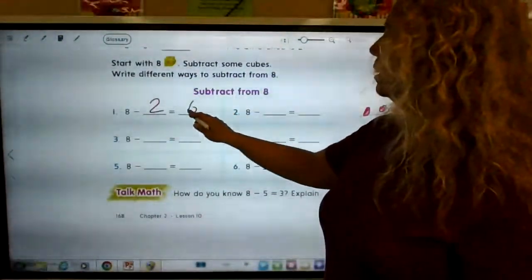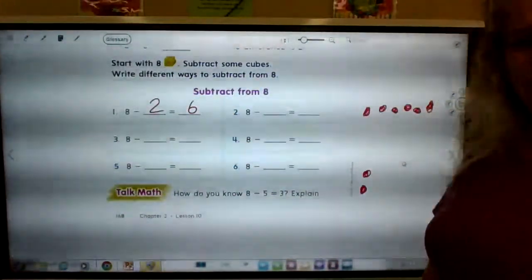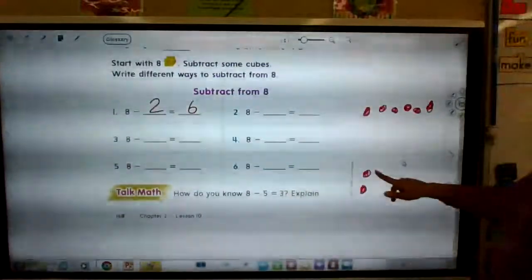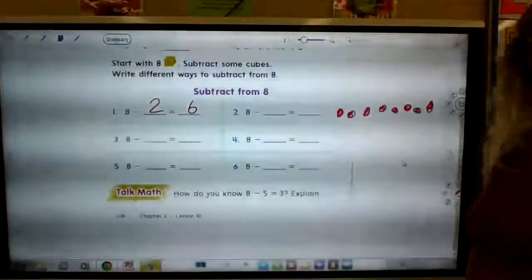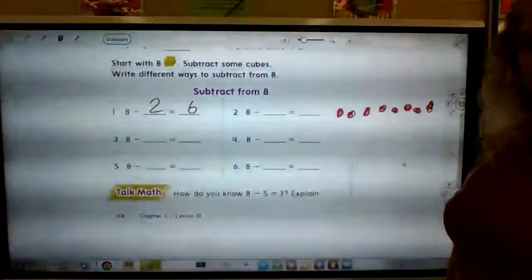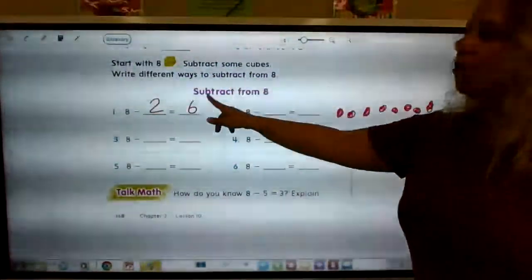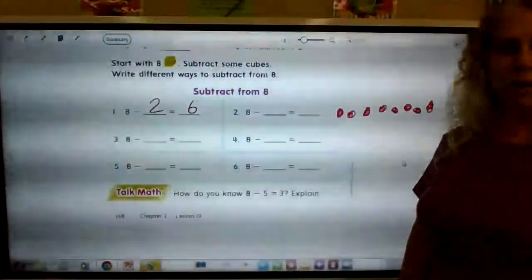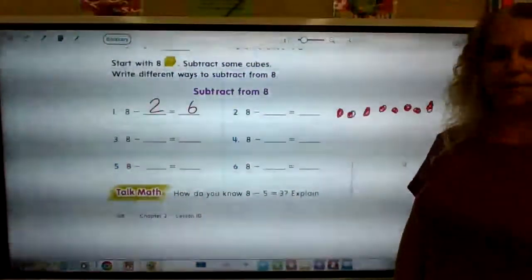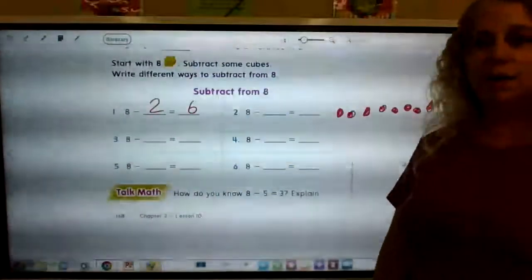So that's one way to take away from 8. And then I put it back. Now find a new number. So next time take away a different number until you get all different ways of taking away from 8. 6 different ways. Pause me and do that on your own.